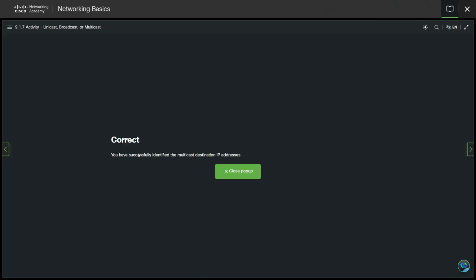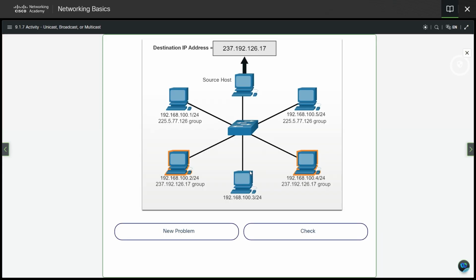Check. Correct. You have successfully identified the multicast destination IP address. It is multicast by the group.